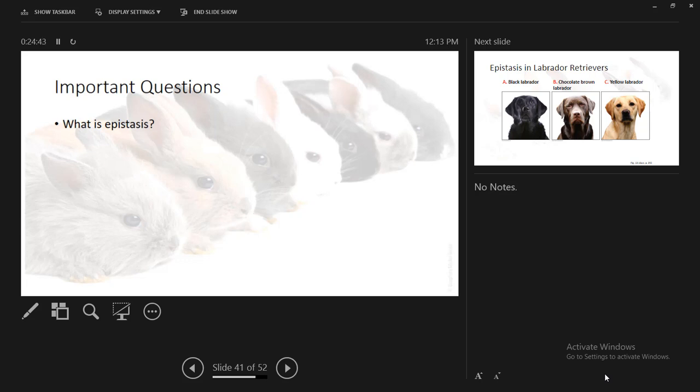And so these two together will produce A-type blood, right? With a double dominant A-type blood. These two together will produce AB blood. Okay? These two together will produce A-type blood, but a heterozygous A-type blood, and then these two together will produce B-type blood. Okay?